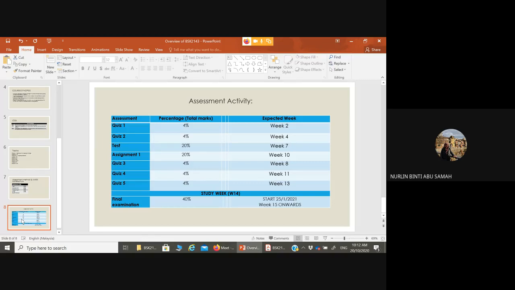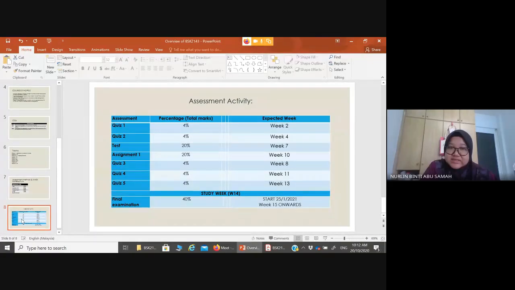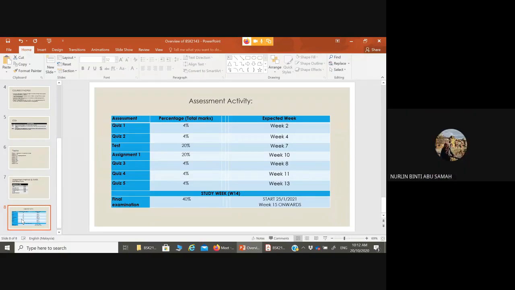So when will be the assessment you need to take? This is the table that explains your assessment, and just be ready for each assessment. I believe that all the assessments will be online. I hope you are all ready.